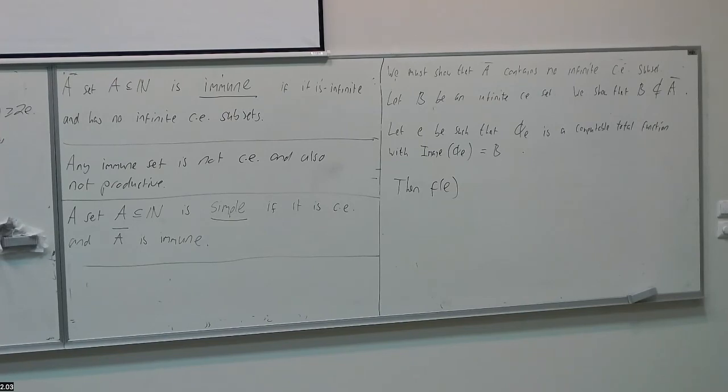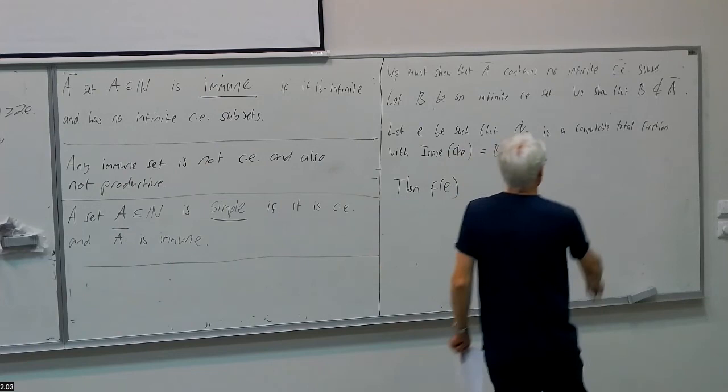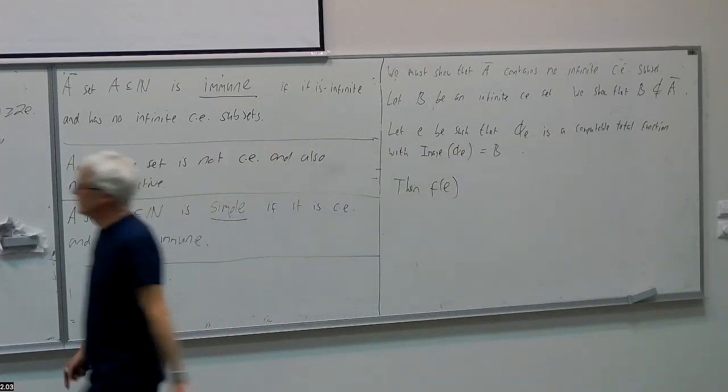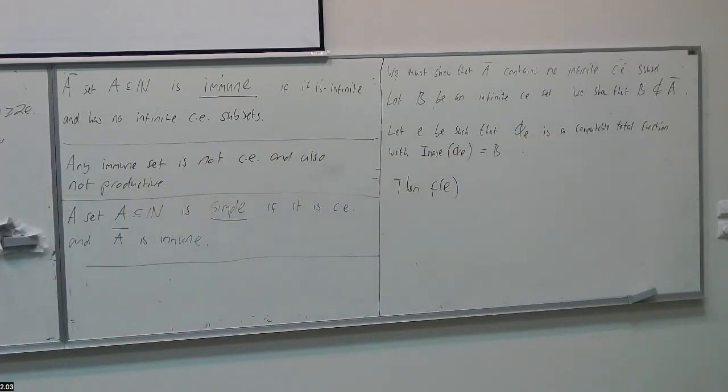Did I say that? It was supposed to be a computable total function. So phi sub E is defined on all the lower values. So that means that f of B is defined to be some such value.